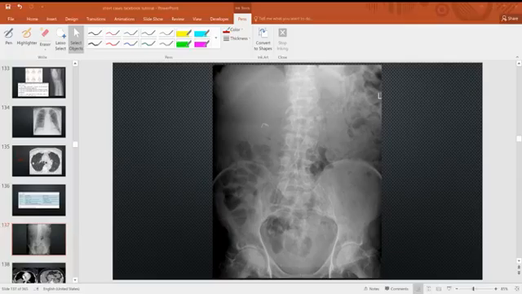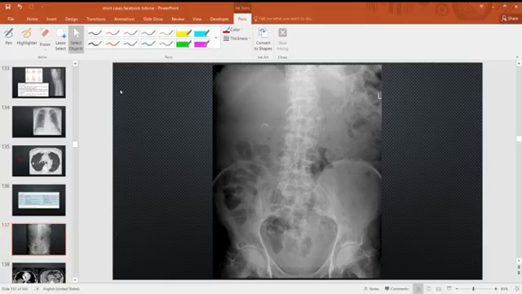Someone wrote chronic pancreatitis. Someone wrote aortic iliac vessels, status post cholecystectomy, calcification in the pancreatic area. Very good, Sergio. This is the calcification in the pancreatic area, which also suggests chronic pancreatitis.